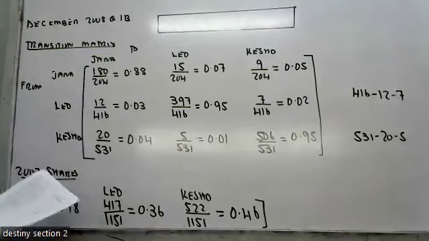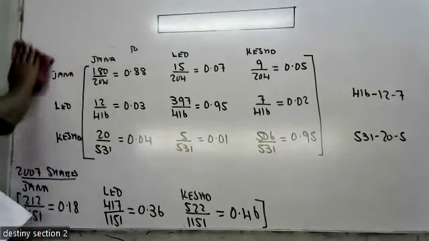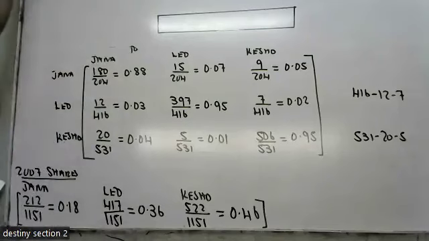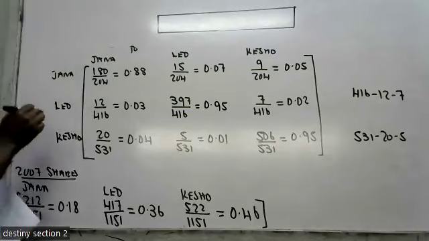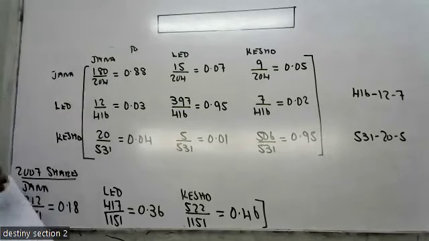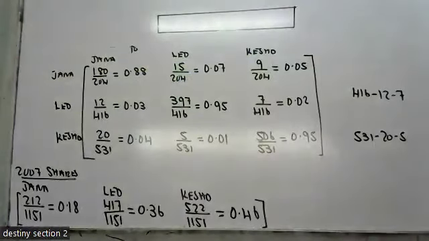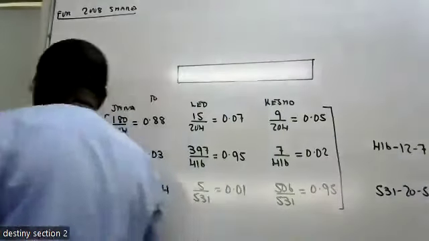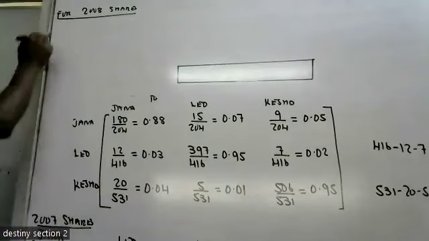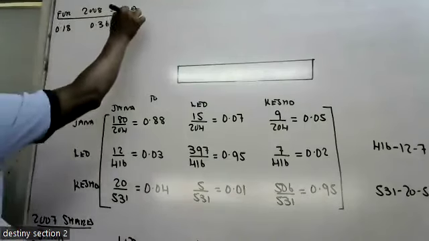So when the examiner is asking us to get the share for 2008, I'll just come up here and say, for 2008 shares, I will need to get 2007, which is 0.18, 0.36, 0.46.